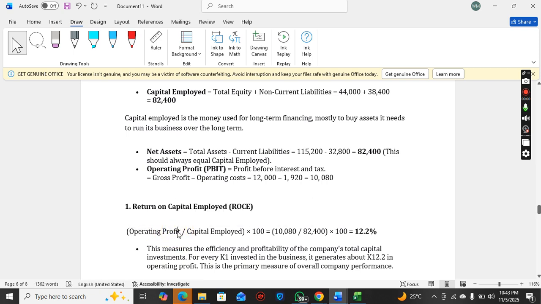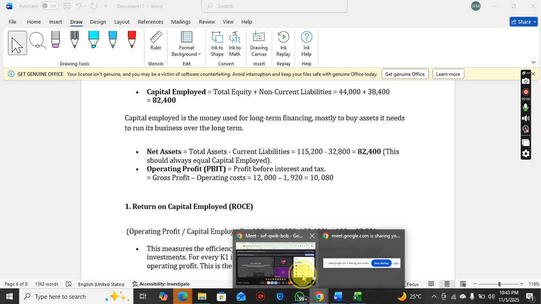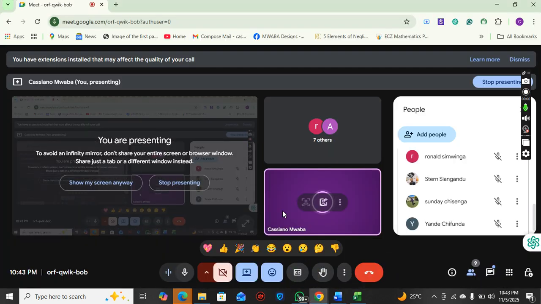What this ratio is telling us is, from this money that we've obtained from long-term financing, which is our capital employed, how much are we getting back in terms of profit? That's what return on capital employed is asking.